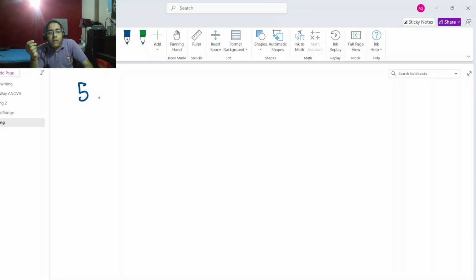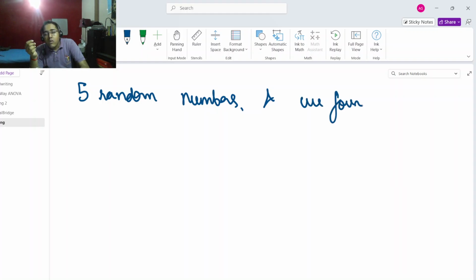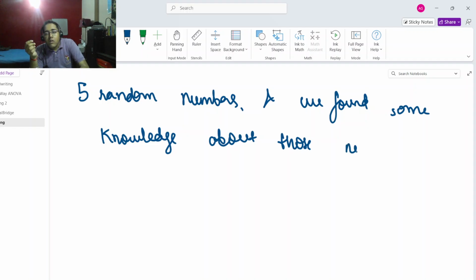We had five random numbers, and we found some knowledge about those numbers. That is finding out information from given raw data.